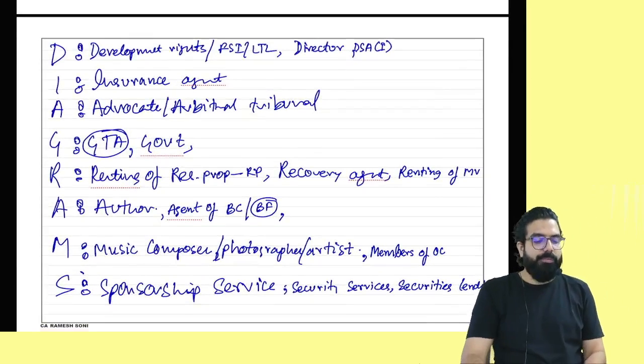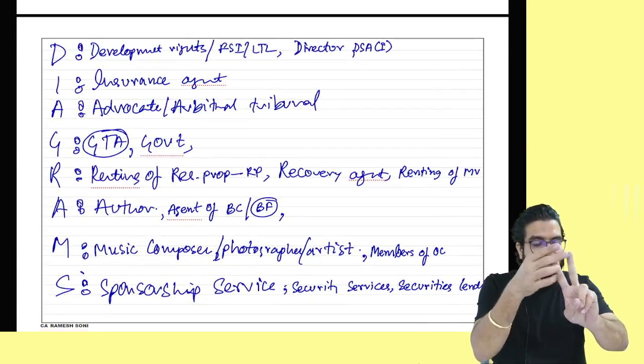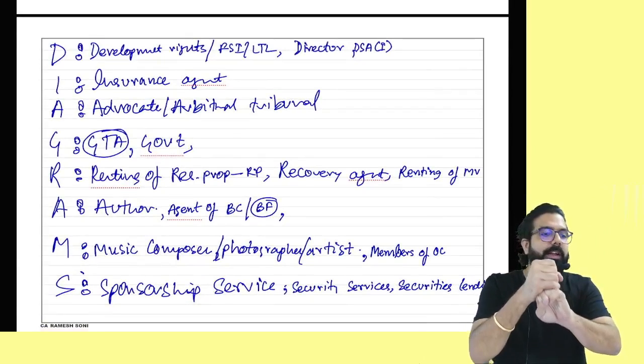Done. So D for development, D for director, D for direct selling agent, individual.